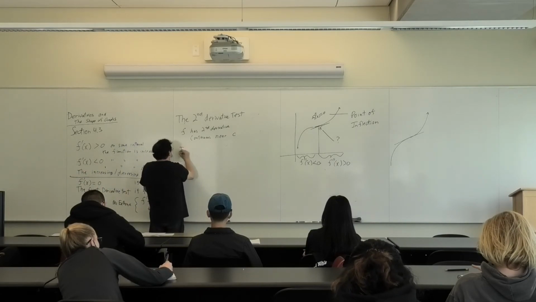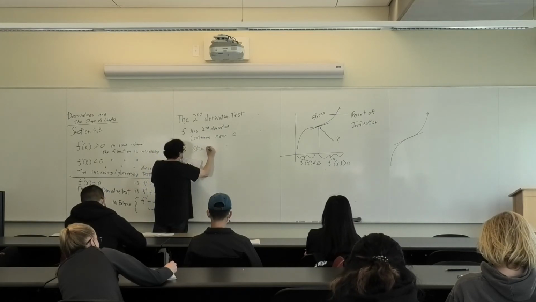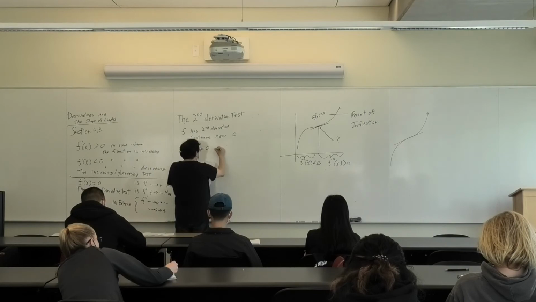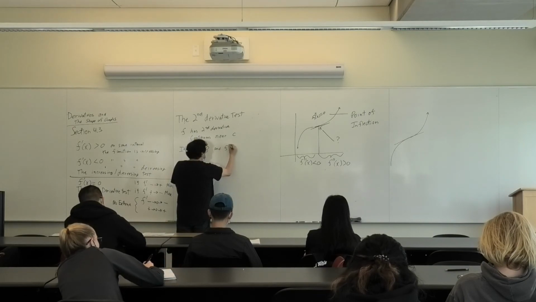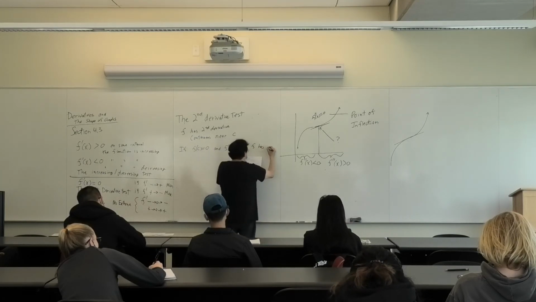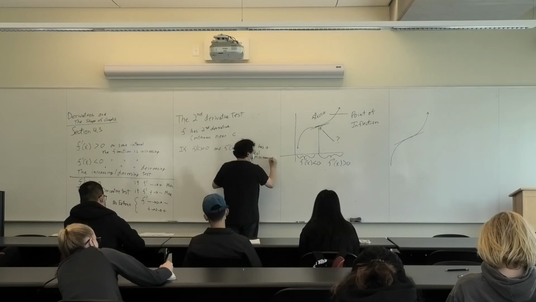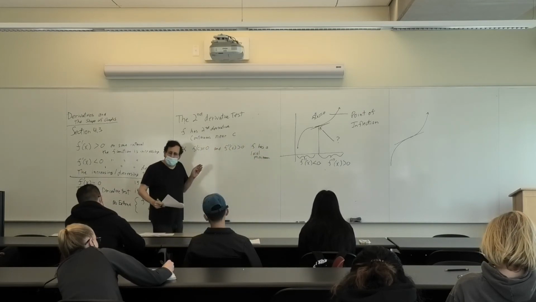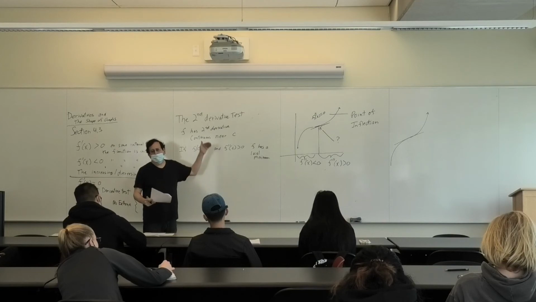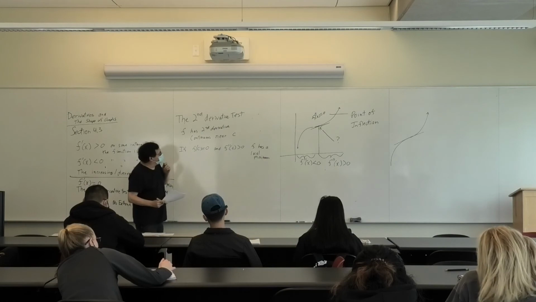And if the derivative at C is 0, and the second derivative at C is greater than 0, then f has a local minimum. That's kind of when we were looking at how the region was changing from positive to negative or negative to positive. The second derivative is telling us just that.